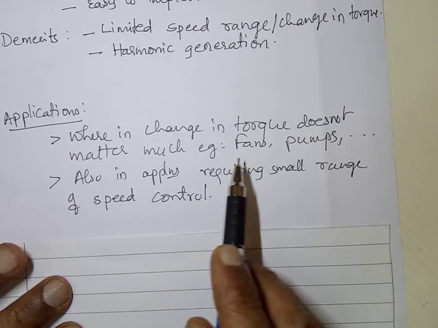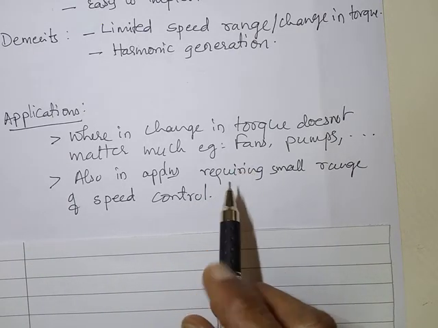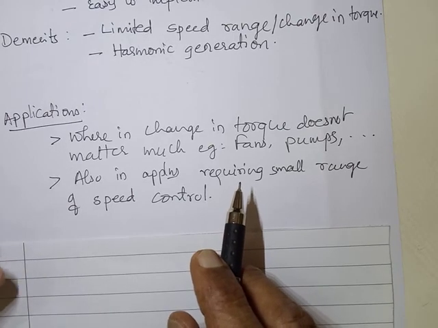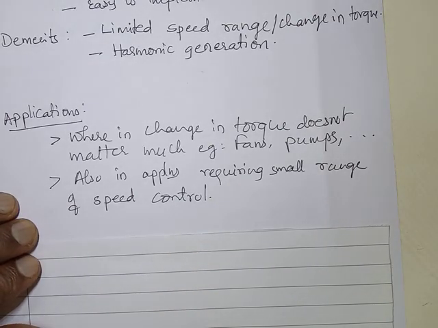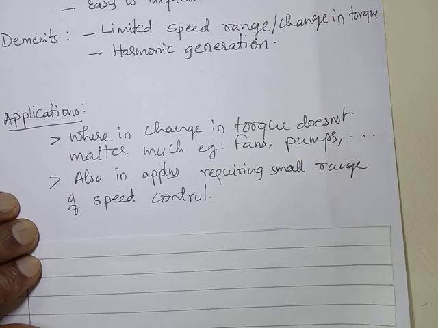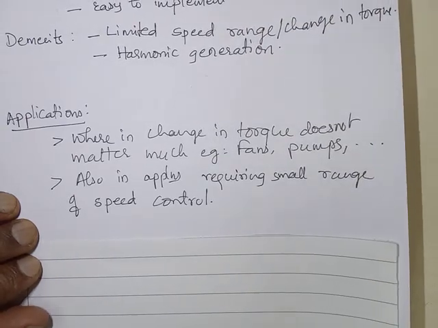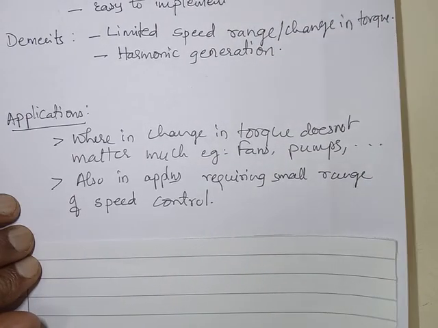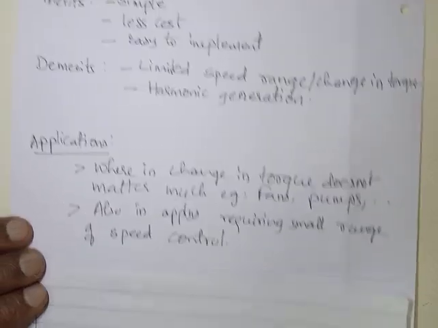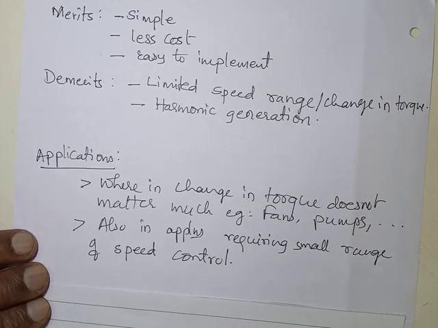Typically fans, pumps, very typical applications. Okay, so in such applications we make use of stator voltage control using a three-phase AC voltage regulator. Okay, so we shall stop there. Next class we will continue.